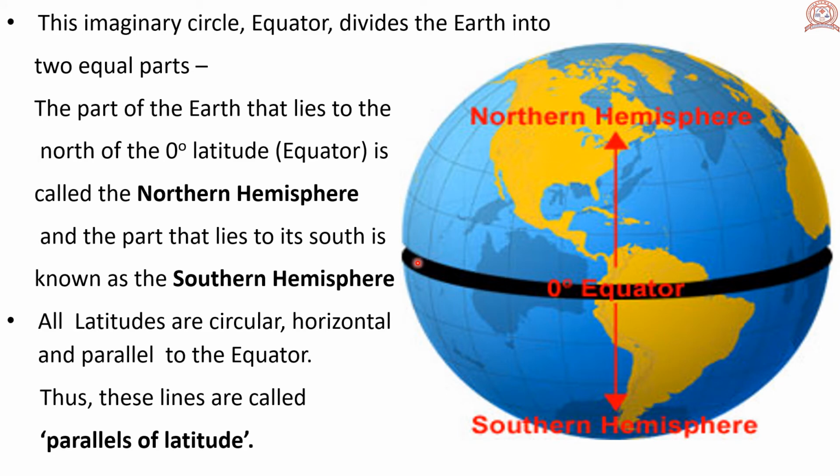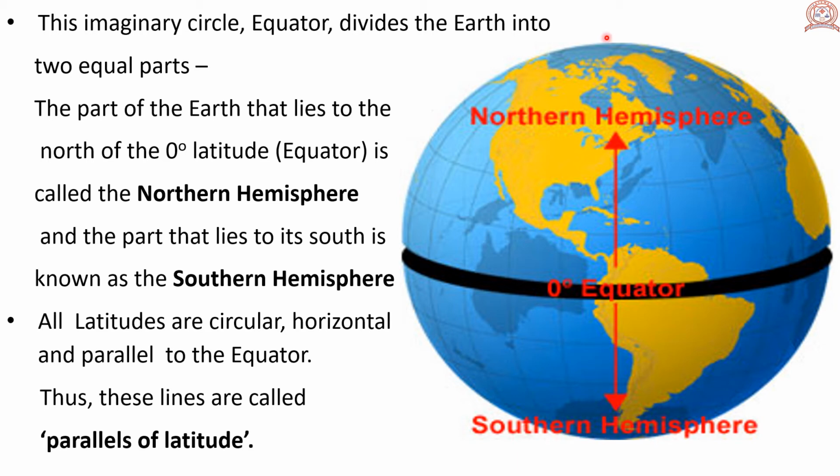The imaginary circle, that is the equator, divides the earth into two equal parts. The part of the earth that lies to the north of the 0 degree latitude, that is the equator, is called the northern hemisphere, and the part that lies to its south is known as the southern hemisphere.